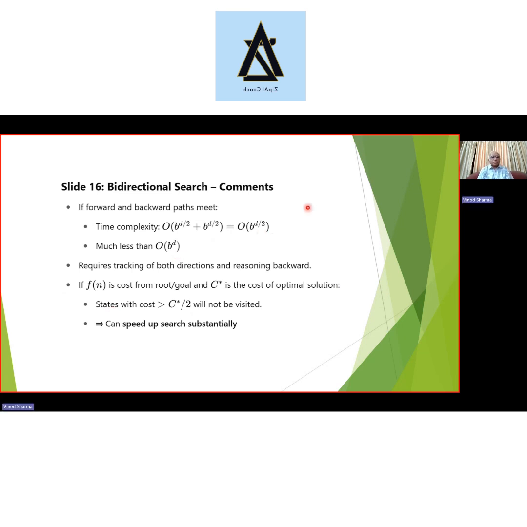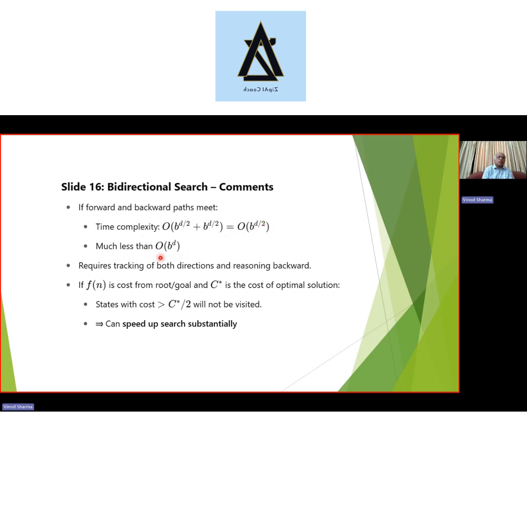Performance of bidirectional search. If forward and backward paths meet, as in this case they met at node E, the time complexity of this is of the order of b raised to d/2 plus b raised to d/2, where d again was the diameter or maximum depth. And so you can say this is of the order of b raised to d/2.